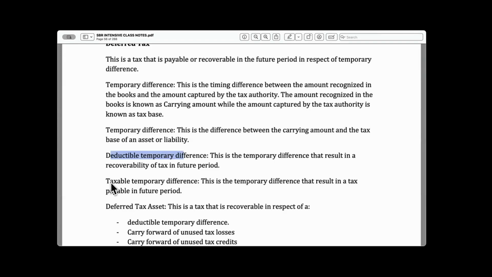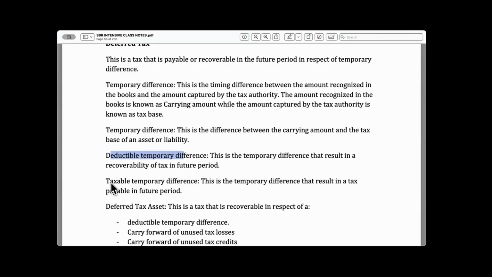If it's a scenario of, for example, provisions for director's fees: you put director's fees in your books, but you have not paid them. The taxman says, okay, I'm not going to allow this until you pay. That means in the future, you're going to get a deduction.